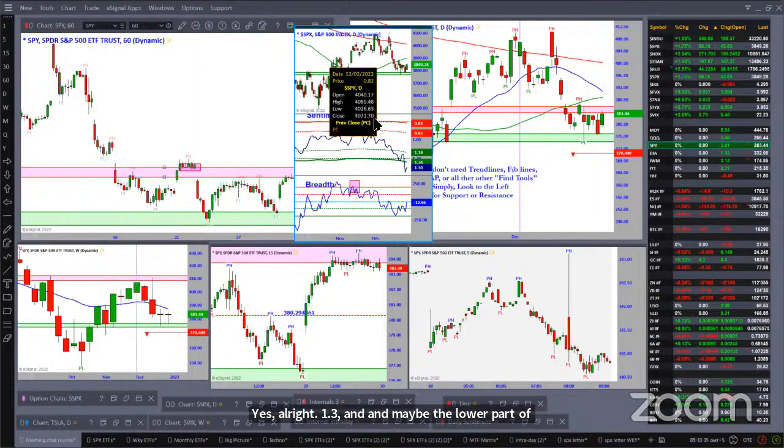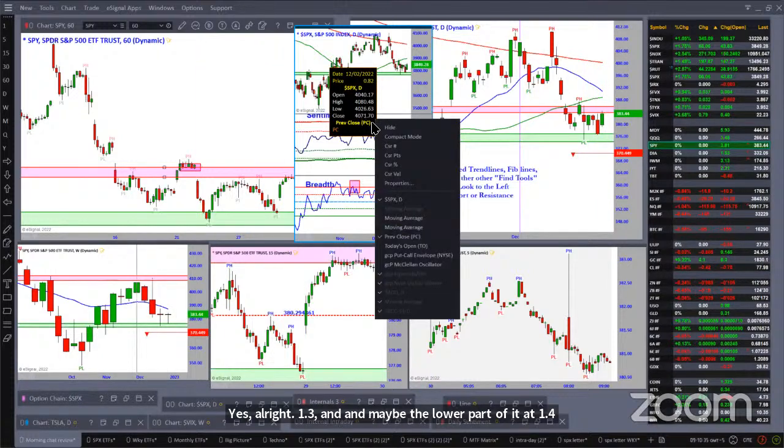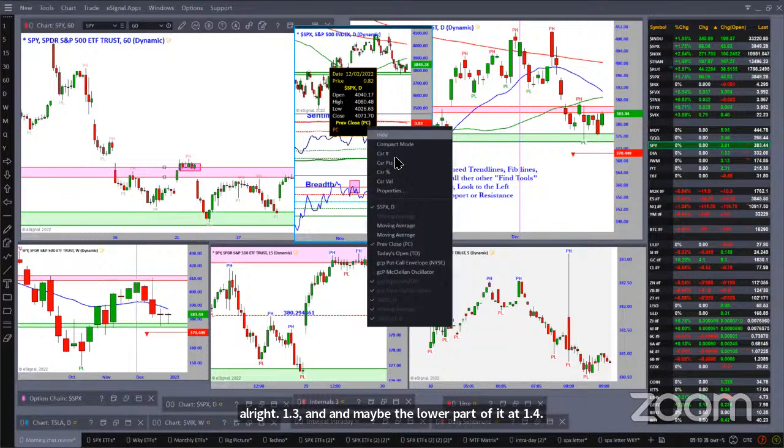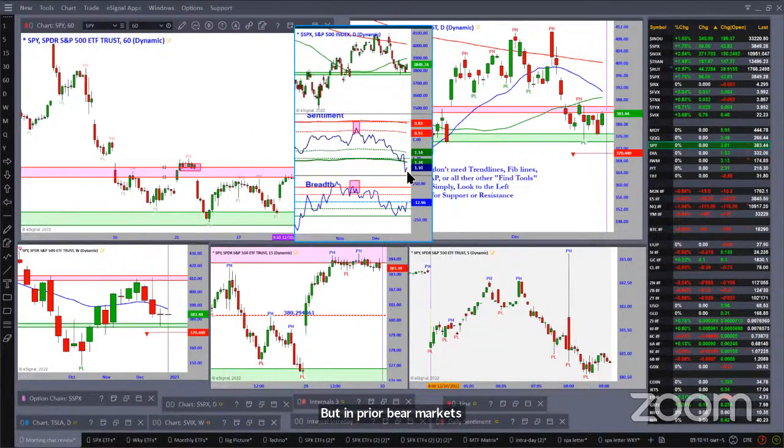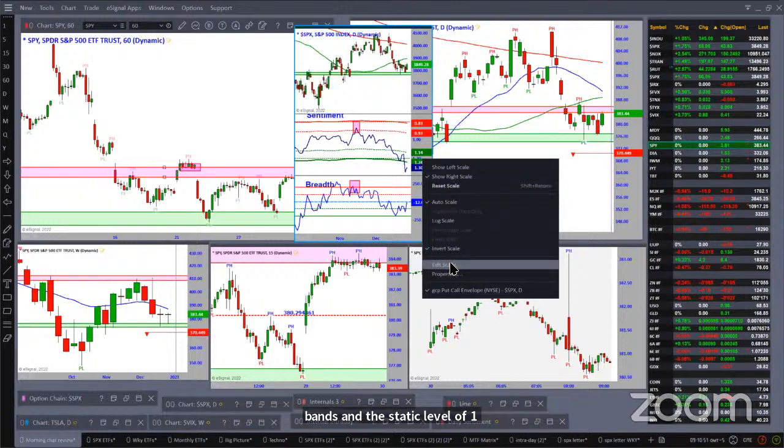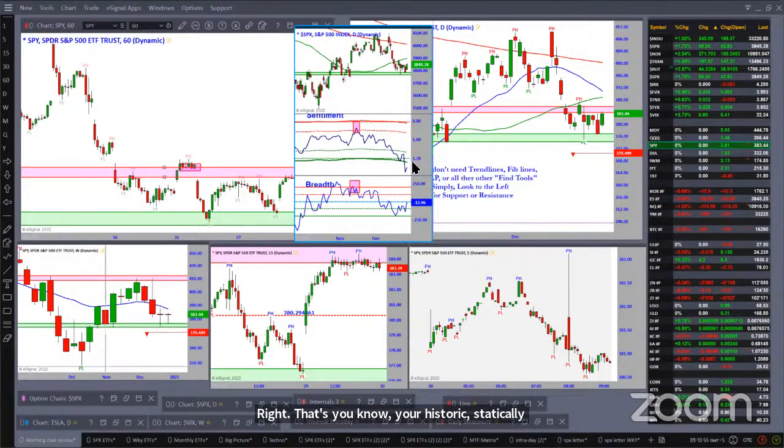But in prior bear markets, this is what was seen, where sentiment would be coming down and it would plunge through the lower bands, and this static level of 1.2, right? That's your historic static level, 1.2. And you'd get a short-term low.